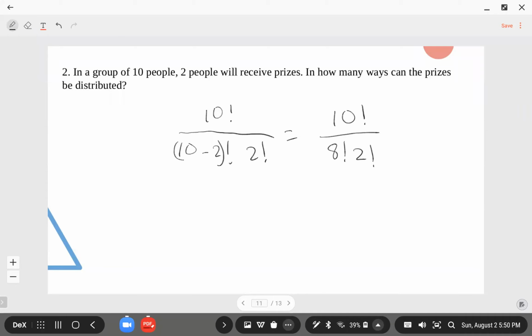And 10 factorial, let's see, I have my calculator out. So let me punch that in real quick. 10 factorial would be 3,628,800, okay? Divided by 8 factorial, which is another big number, and then 2 factorial, which is probably 45.